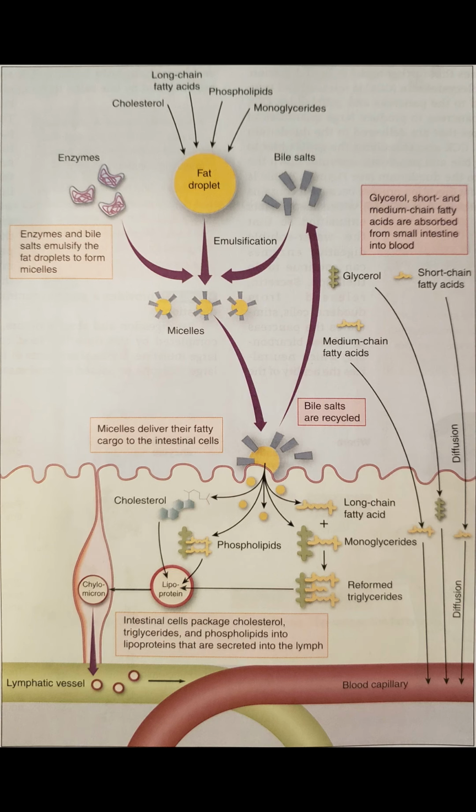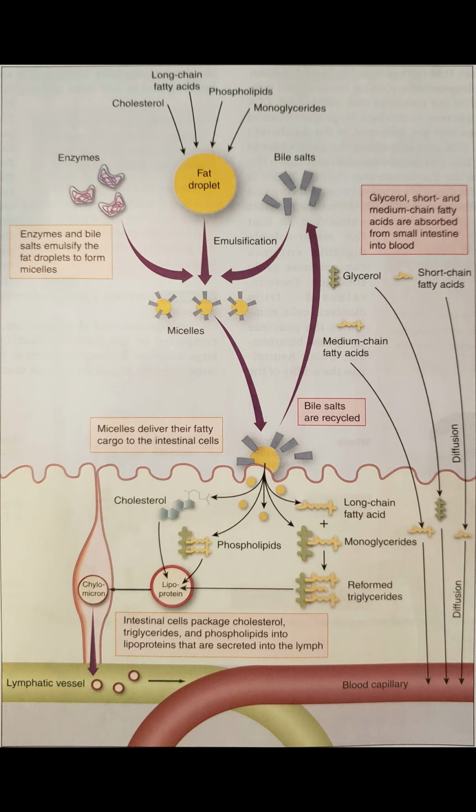Small and medium chain fatty acids, along with glycerol, can be passively diffused through the intestinal wall, whereas long chain fatty acids and monoglycerides that haven't yet been broken down have to be facilitated through. This process is a little bit more complicated, so I'm going to put an image up for you to see. The monoglycerides and long chain fatty acids are absorbed and reassembled into triglycerides inside the intestinal wall.